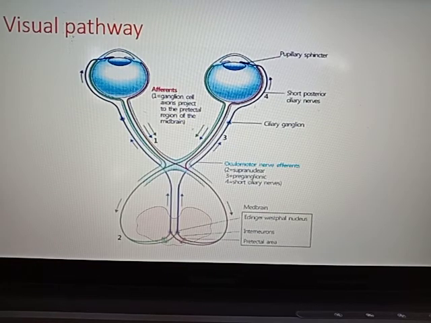And this pathway needs one intact, normal ciliary ganglion to react normally. So the visual pathway is very important for the light reflex and the accommodation reflex, and the ciliary ganglion is one of the important parts of this pathway.